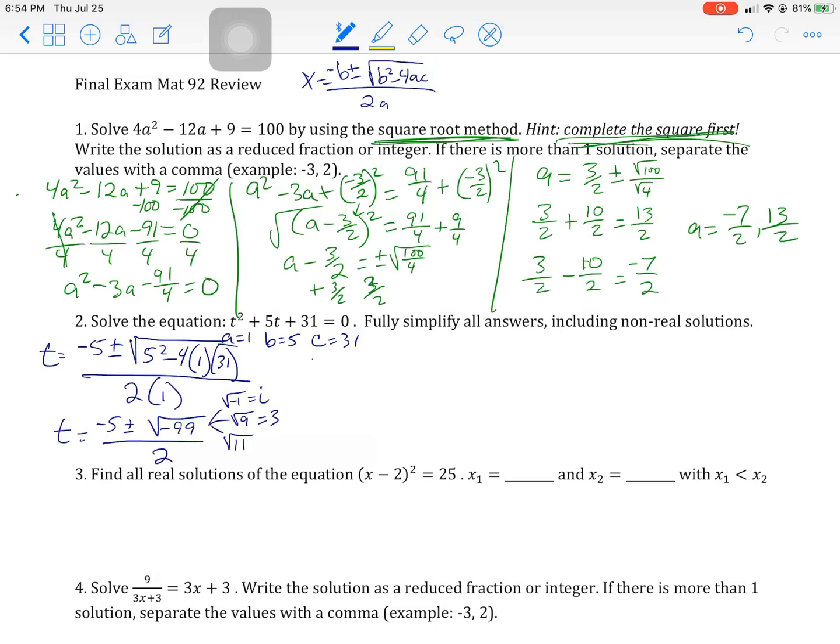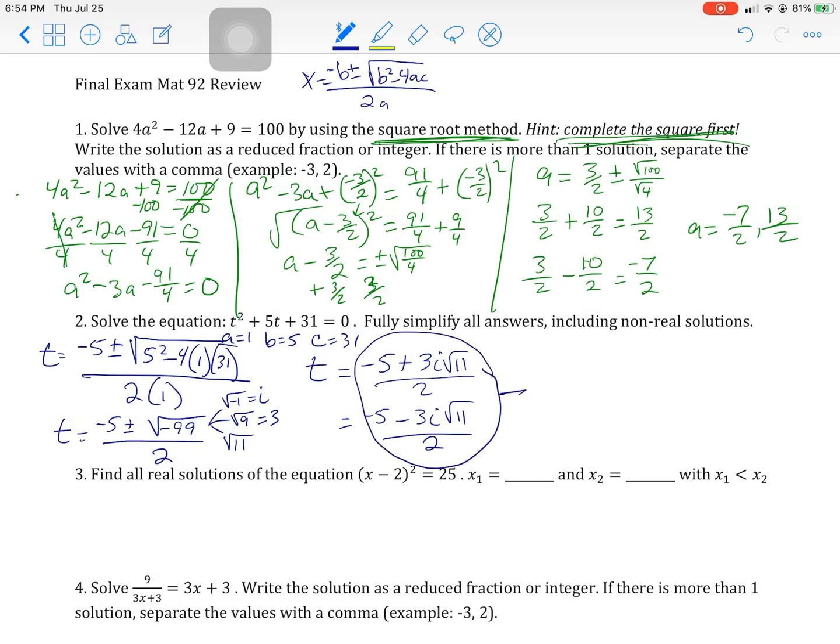So T is going to equal negative 5 plus 3i square root of 11 over 2, and negative 5 minus 3i square root of 11 over 2. Another way to write that, check with your instructor. Remember, all of these can be split up.